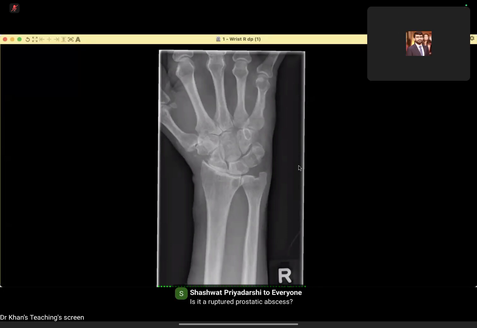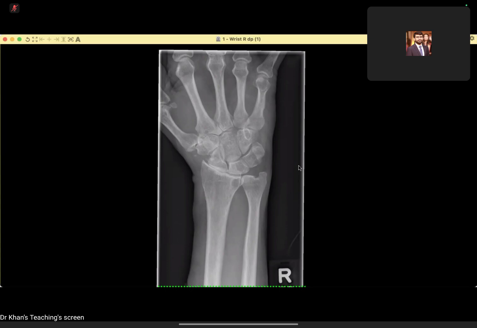So this is the AP radiograph of the wrist, showing the distal parts of the radius and ulna, the carpal bones and the metacarpal bones. It's a radiograph of a skeletally mature patient.